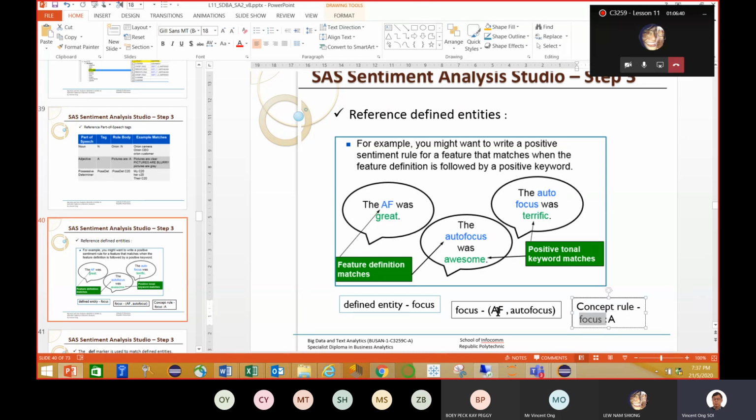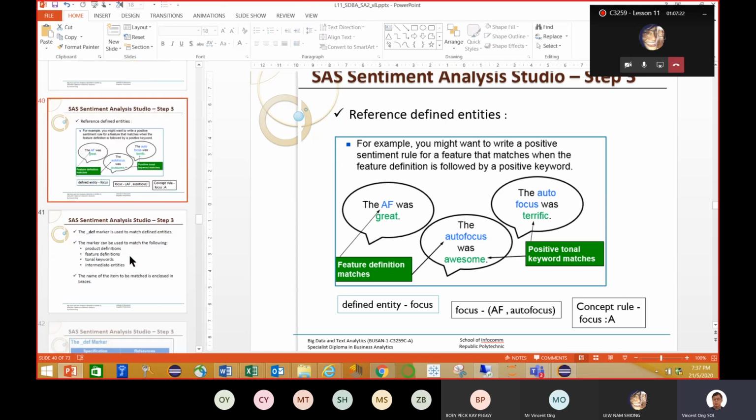Focus is an entity that we define, and focus refers to this definition. So we want to catch the pattern focus double dot A. That means it's either AF adjective or autofocus adjective. So this pattern is okay. "Autofocus was terrific": autofocus is under the entity focus, and the adjective is terrific.